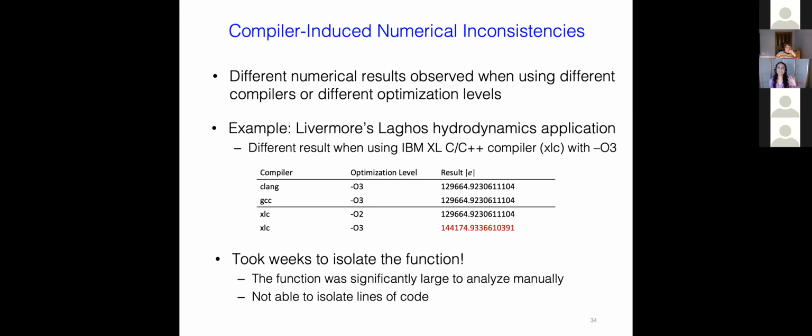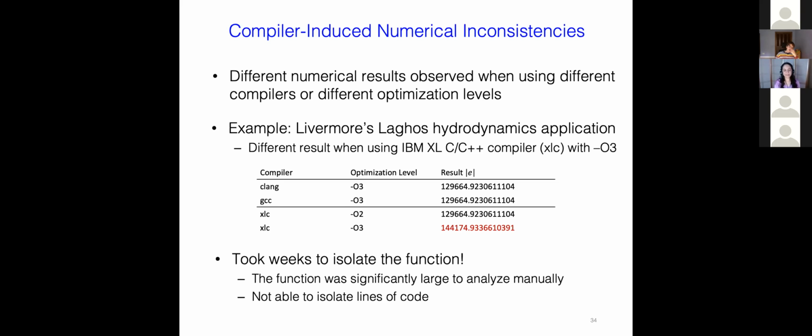One such inconsistency was recently observed in Lagos. Lagos is a hydrodynamics application developed at Livermore. When porting Lagos to a new architecture, the developers at Livermore observed a compiler-induced inconsistency when using the XL compiler with optimization level O3.